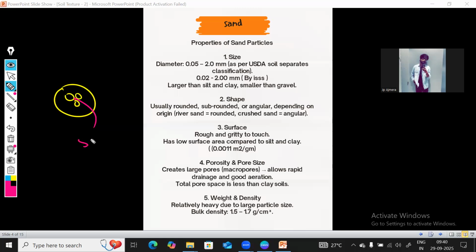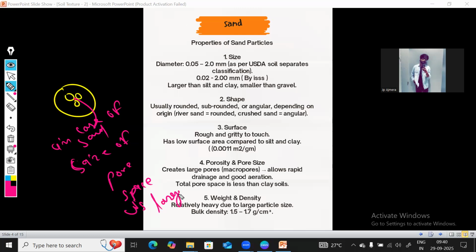The size of the pore space is larger, but there is only one, in the 5 gram.